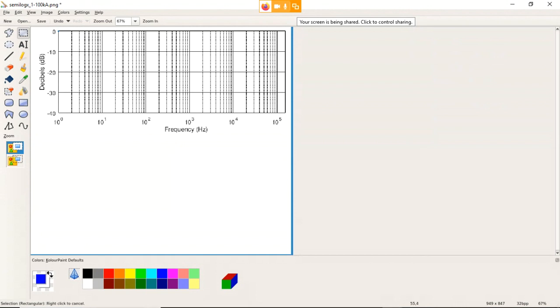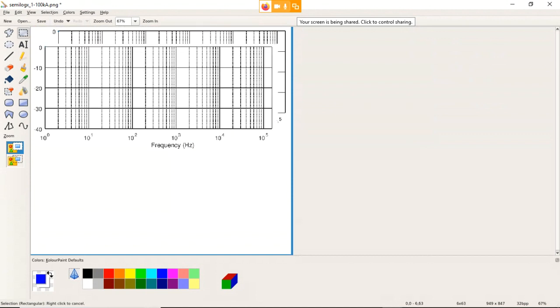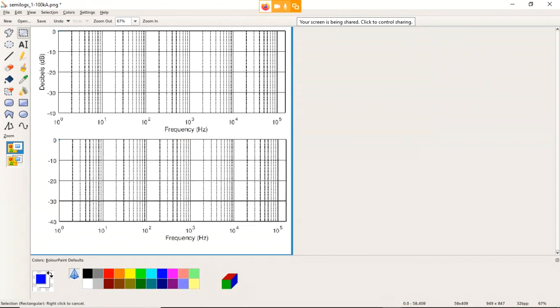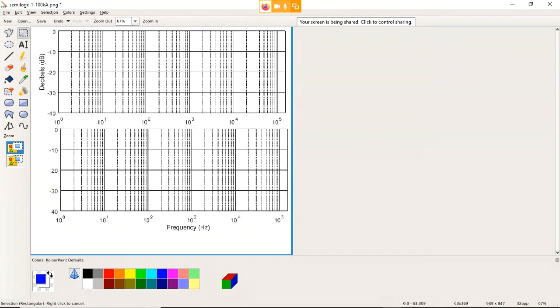What I'm going to do is copy this and paste it below here. It doesn't show real well on here, but let me do this Bode plot again.